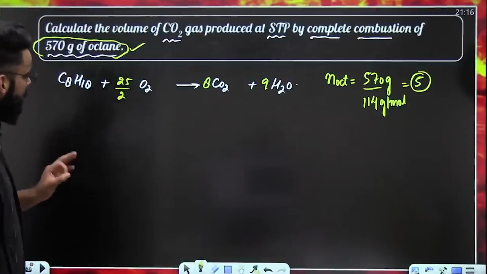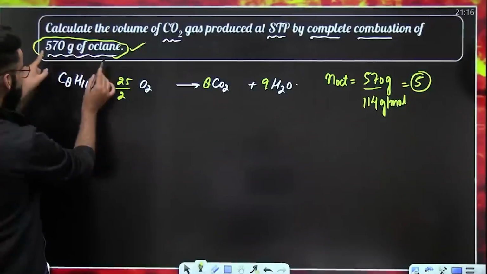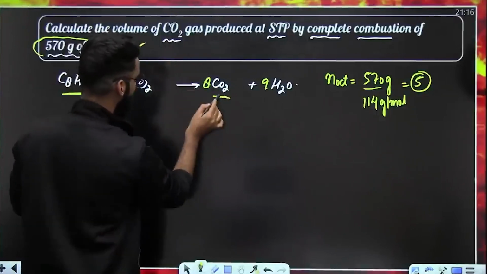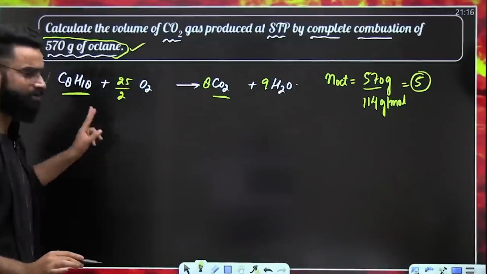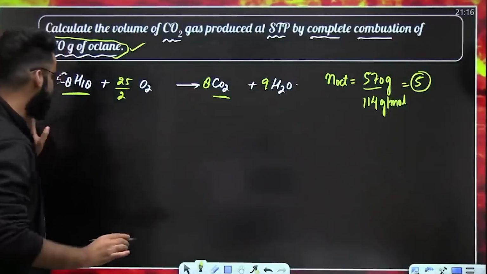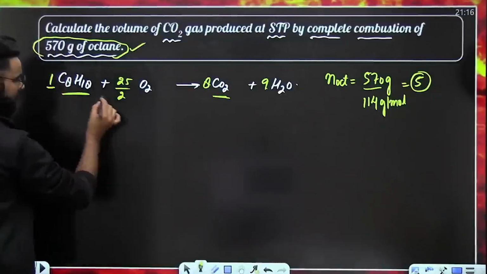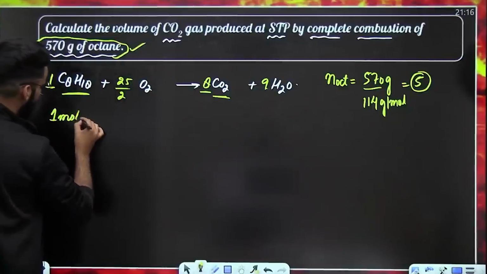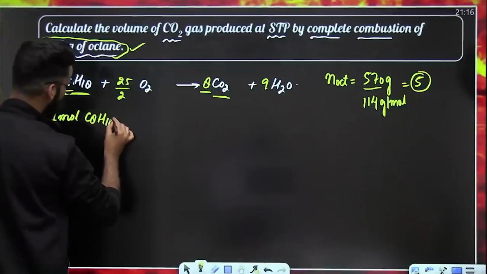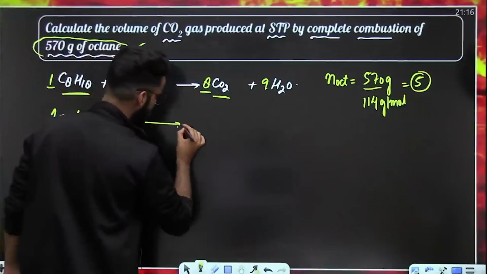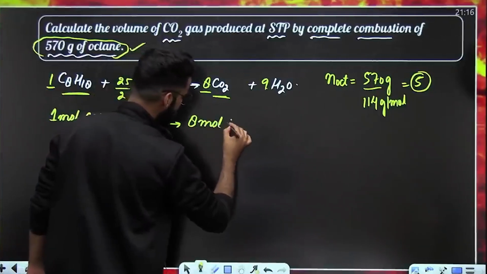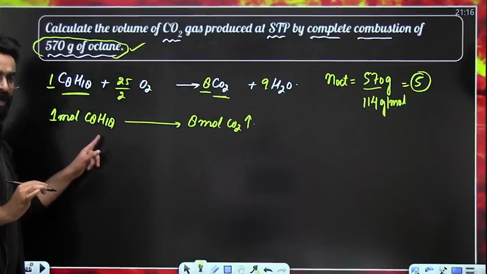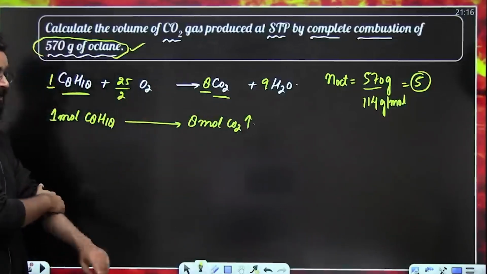Now, my dear students, the one whose data is given is octane, and the one whose data is to be calculated is carbon dioxide. We just need to relate these two. The stoichiometric coefficient here is 1, and it is 8. So from the stoichiometry of the reaction, 1 mole of octane upon combustion produces 8 moles of carbon dioxide.